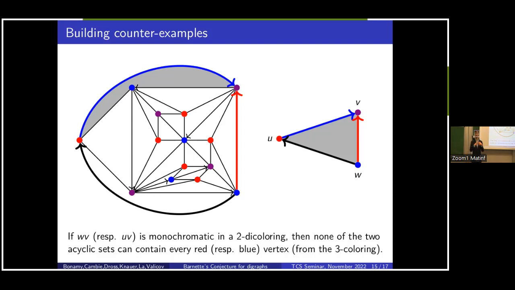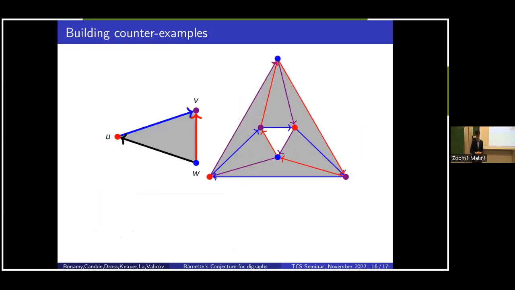So we have this edge coloring, which says that my acyclic set cannot contain an edge of every color, right? And once you have this gadget, then you just glue it inside an octahedron. And what you see here is that I have an edge coloring of my octahedron with 3 directed C4, one of each color.